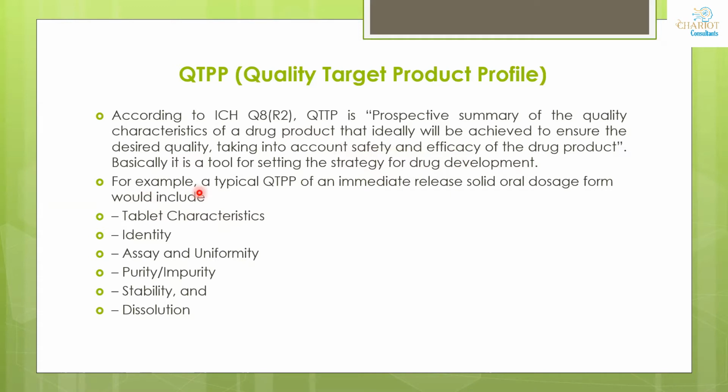For example, what would a typical QTPP for an immediate release dosage form be? You will describe the tablet characteristics: the size and shape of the tablet, and the physical parameters of your tablet dosage form.